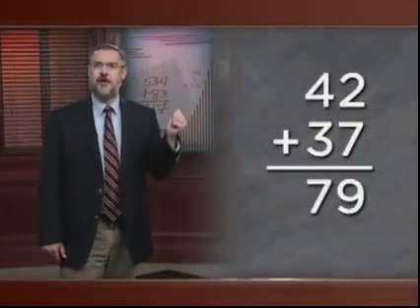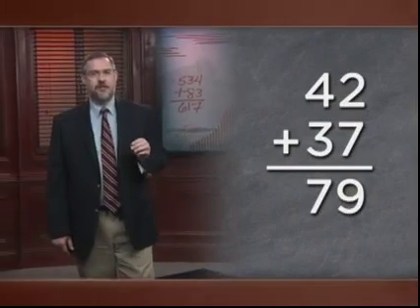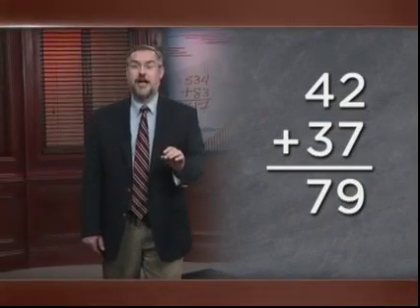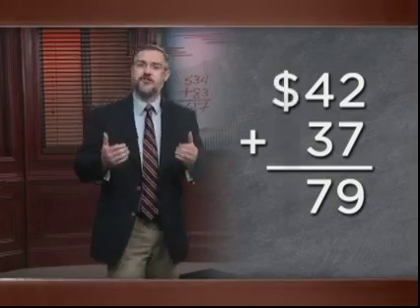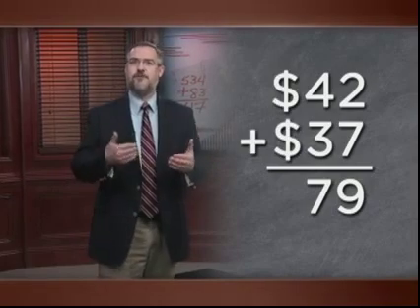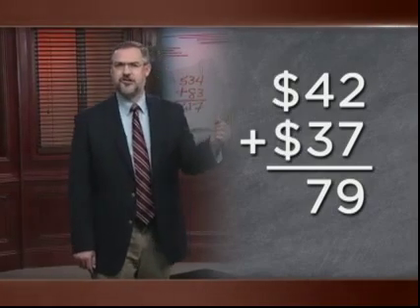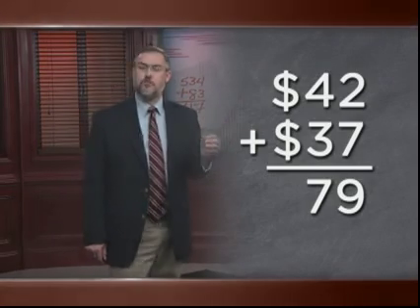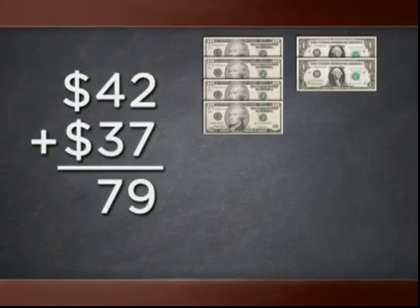Now, before we move to another example, let's think a bit about the example that we just completed from the mindset of the dollar bill analogy. Basically, we could have thought of that problem as having $42 and then also getting $37 more and trying to figure out how much we had in total. So if we had that efficient system going, we would have started with 4 $10 bills and 2 $1 bills.